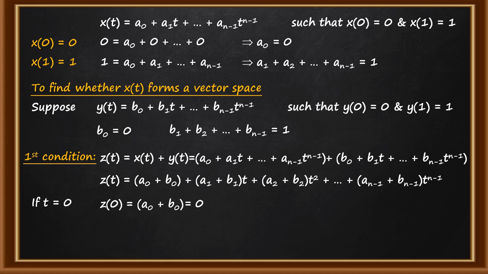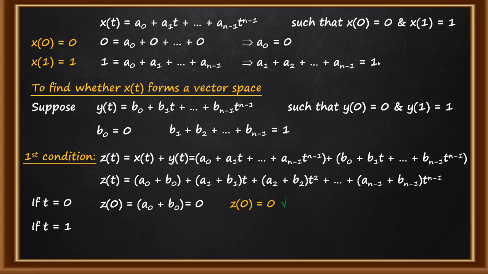So ultimately z(0) is equal to 0, and the first condition is satisfied. For the condition of vector space we are checking all now. This condition, related to the polynomial, is satisfied as x(0) is 0 and y(0) is 0, so z(0) is also 0. Now we have to check the other condition.